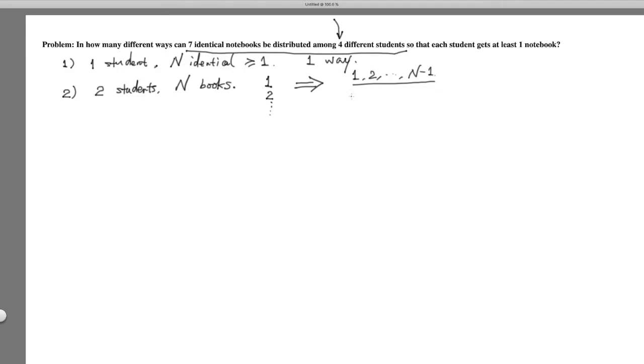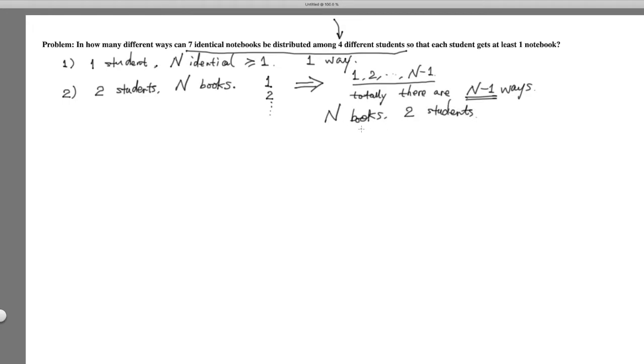So totally, there are n-1 ways. Remember, this n-1 ways is for n books and 2 students.